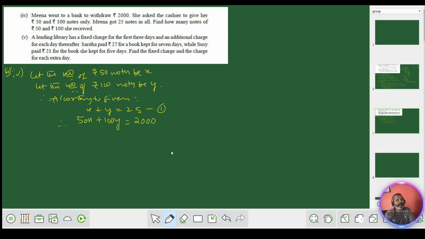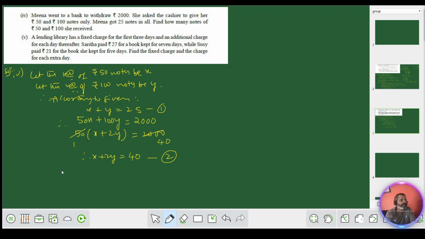Okay, clear? If you observe this second equation, 50 is common in that. We'll take out 50. x plus 2y, because 2 times 50 is 100, is equal to 2000 divided by 50, that is 40. Therefore, x plus 2y becomes 40. If you observe the first equation and second equation, x has the same coefficient.